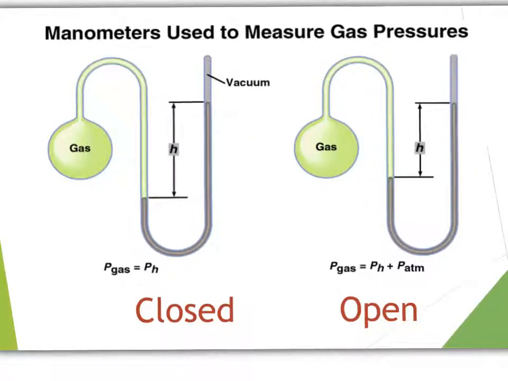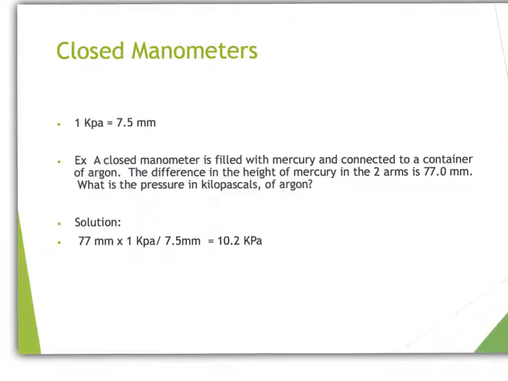Typically speaking, the manometers used for measuring gas will either be open or closed. Now here we have our gas connection. This would be atmospheric. Notice right here that this is closed while this one is open. We approach closed manometer problems differently from open manometer problems.